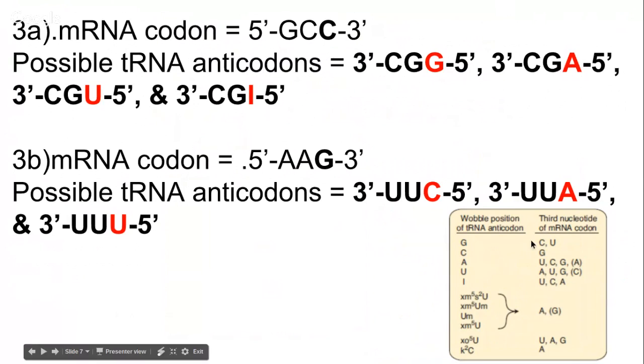So we go down here to our little wobble rules chart, and we look at the mRNA codon for C. So we see that it can have a G, A, U, or I, so we have G, A, U, I for the 5' end of the tRNA anticodon. For part 3B, at that 3' spot, we have a G. So we look at the G's, we know that the anticodon can be C, A, or U. So we put C, A, or U.